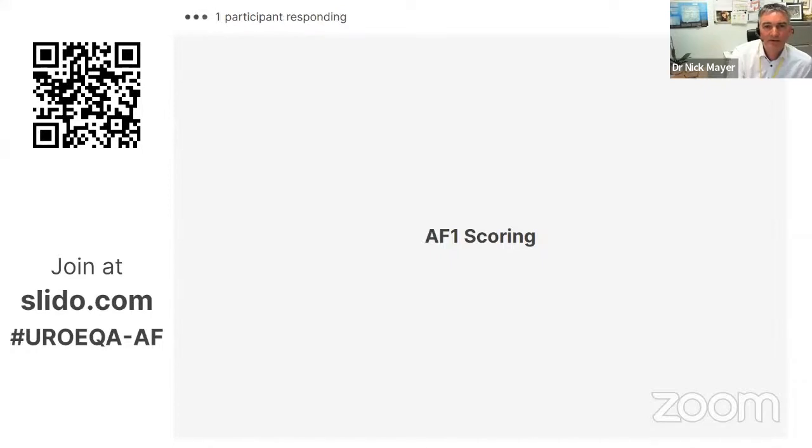There's a raised hand there, so that participant will have to send in a Slido query. IHC not required and site entirely suitable for specialist urology EQA.